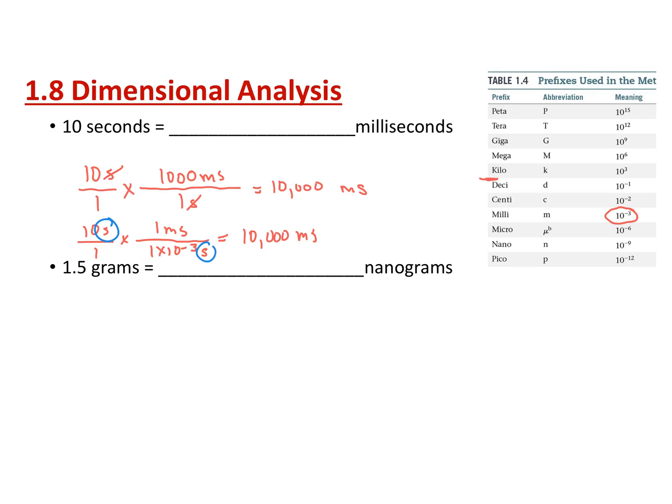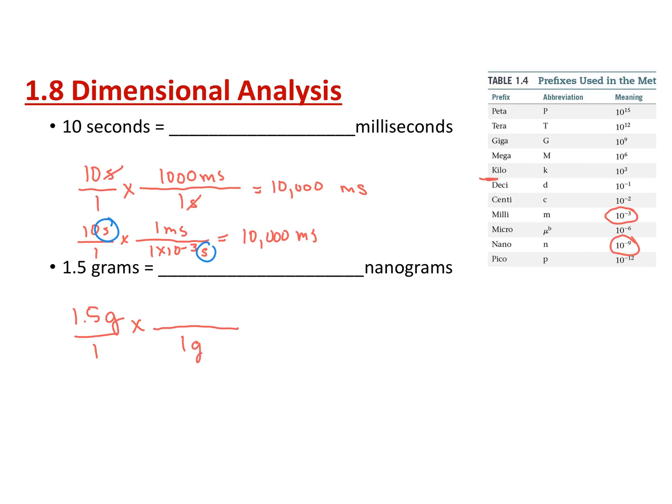Another example, I've got 1.5 grams. I want to find out how many nanograms that is. So I can put that over 1. Well, by looking here, nano is 1 times 10 to the minus 9. So that means in 1 gram, I have a billion nanograms, or that 1 nanogram would be 1/1,000,000,000th of a gram.